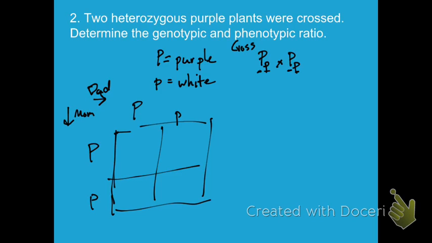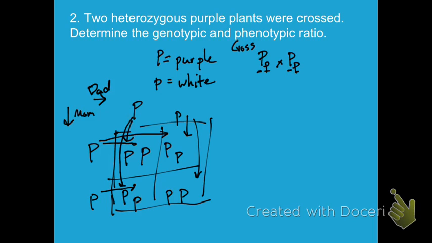So we put this here, and here, and this could be here, and then here. Basically, we're figuring out all the possible combinations. Okay? And then from this, we can figure out the genotypic ratio.